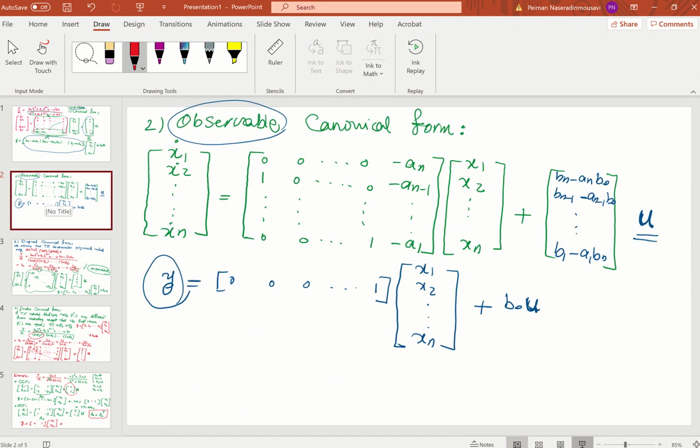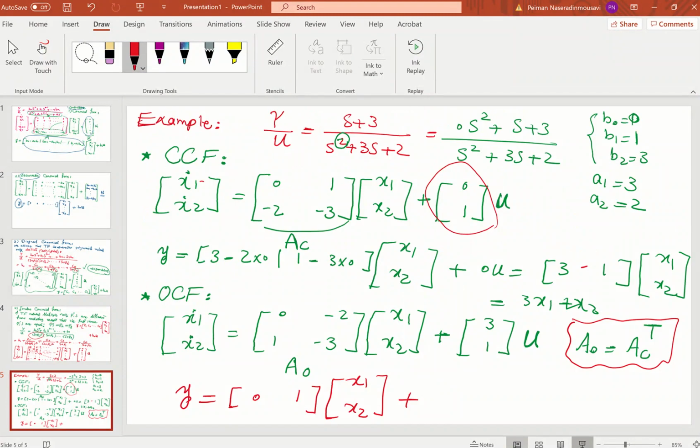In the observable form, b0 is 0, so it's plus 0. So I developed the controllable canonical form and its output, and the observable canonical form and its output.